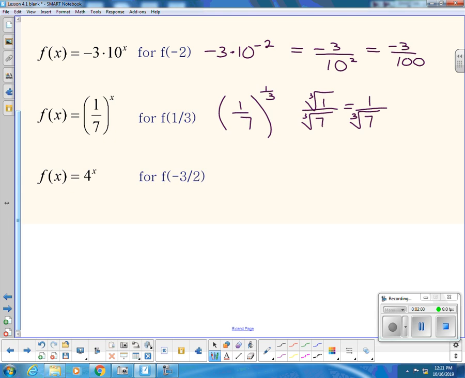Now, who remembers we cannot have a radical in the denominator? Okay? So if we're in a cube root, how many things do we need to have before we can cancel to a regular number? 3. We need 3. So we're going to have to put in another cube root, 2 more 7s. Does that make sense?